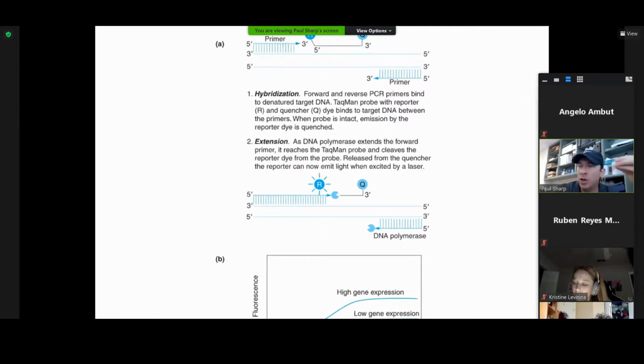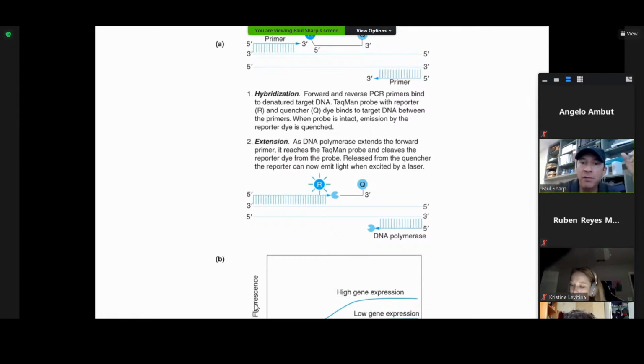Then when you start your qPCR, after one cycle you're going to double from 1,000 cDNAs to 2,000. Then the next cycle, 4,000, then 8,000, then 16,000. And that's a lot of fluorescence.